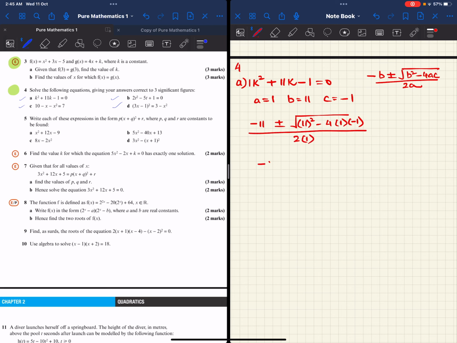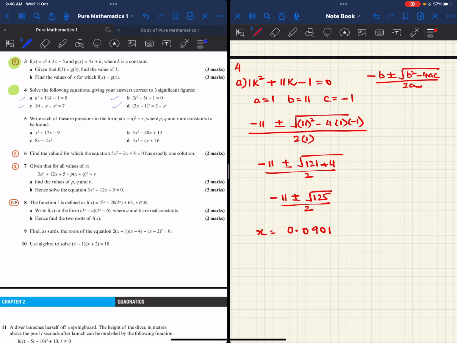So that gives us minus 11 plus or minus square root of 121 plus 4 divided by 2, minus 11 plus or minus square root of 125 divided by 2. So our x values are minus 11 plus square root of 125 divided by 2.